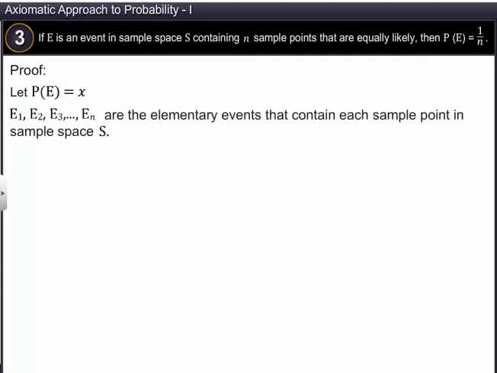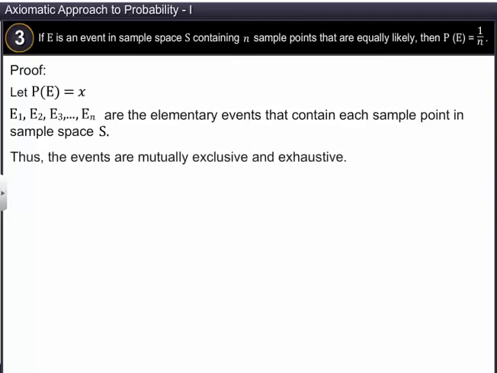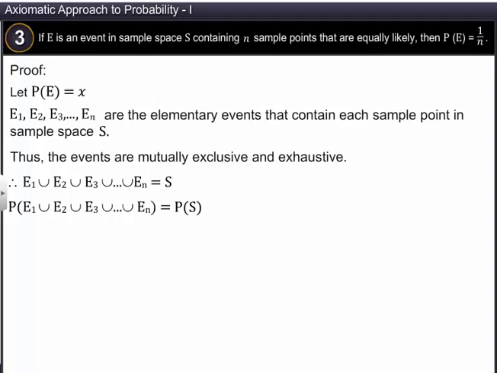Consider that E1, E2, E3 and so on are the elementary events that contain each sample point in sample space S. Thus, the events are mutually exclusive and exhaustive. Therefore, the union of the events is equal to S. The probability of the union of all the elementary events is equal to the probability of the sample space. It implies that the sum of the probabilities of all the elementary events of S is equal to the probability of the sample space.